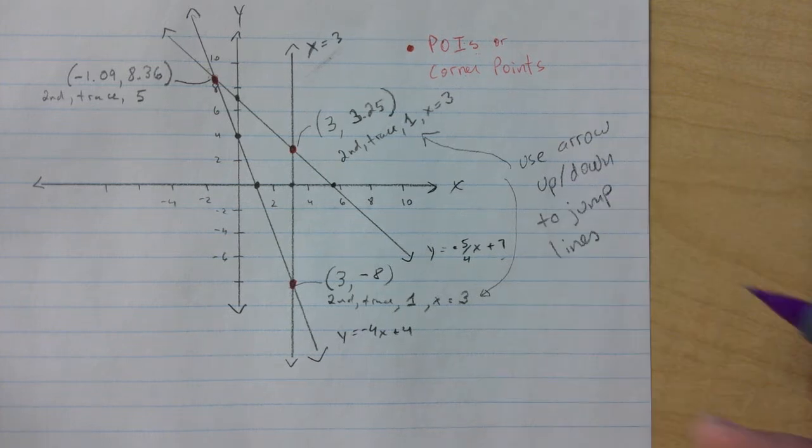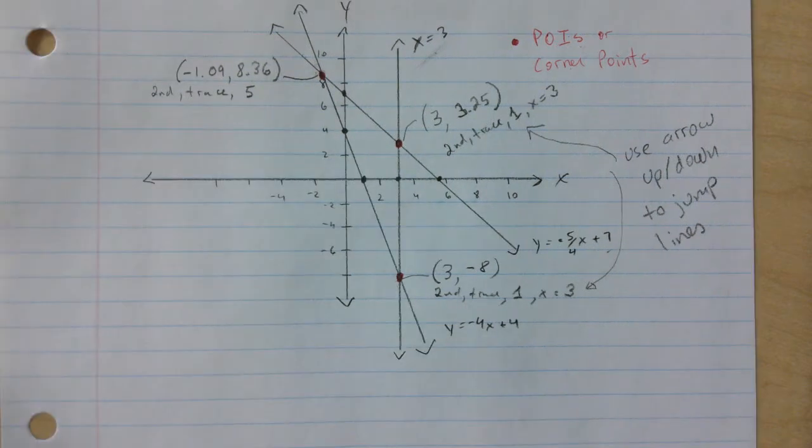That's just an added tip: if you want to jump lines, you just go arrow up or down. Once you have selected second trace 1 and x is equal to 3, you got to go arrow up, down to get that, okay?